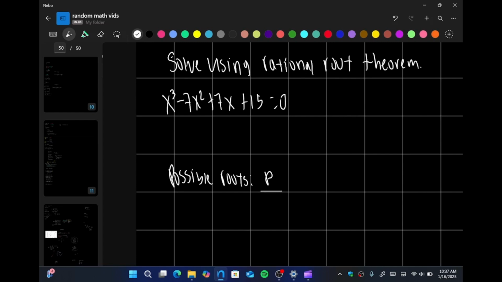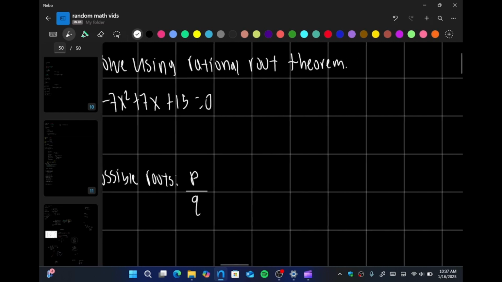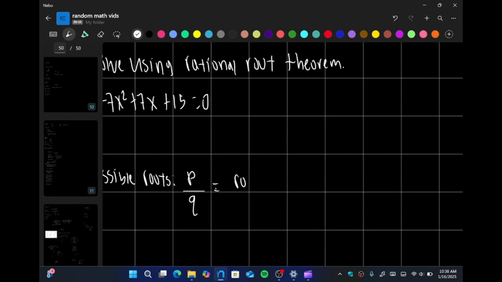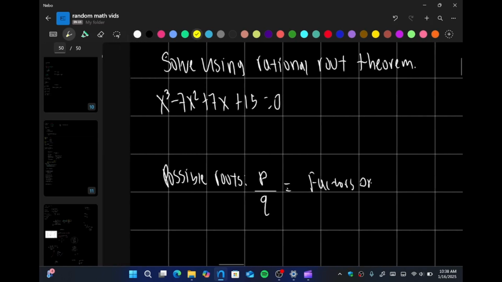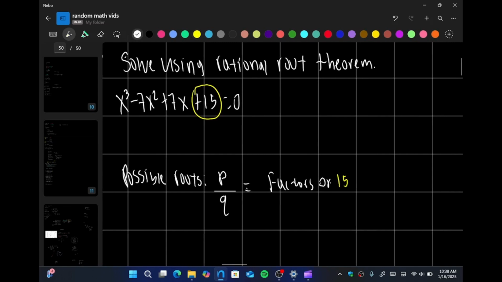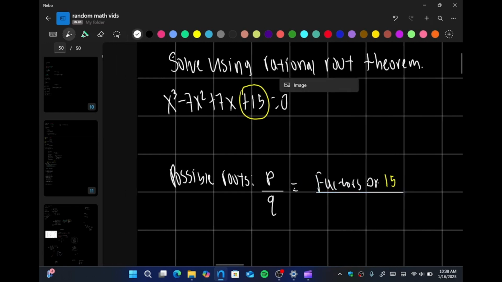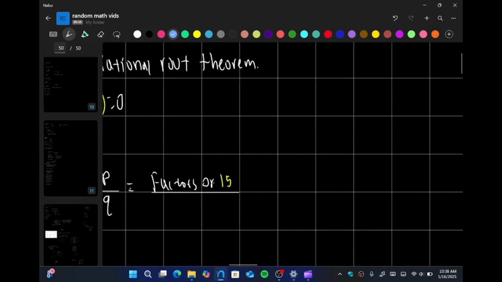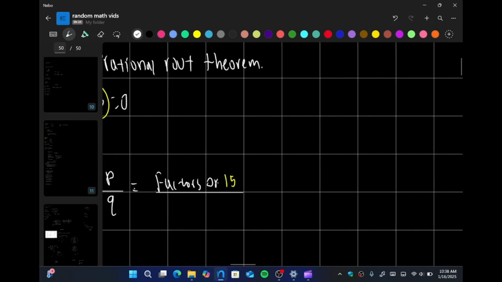We know that it is of the form P over Q, which is factors of 15 over the factors of the leading coefficient. The leading coefficient here is 1. So over factors of 1.